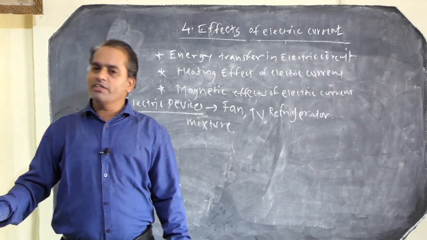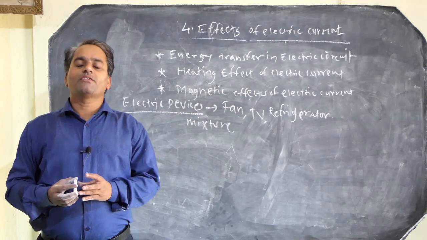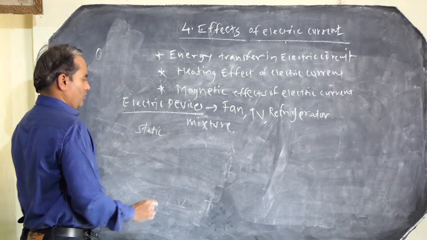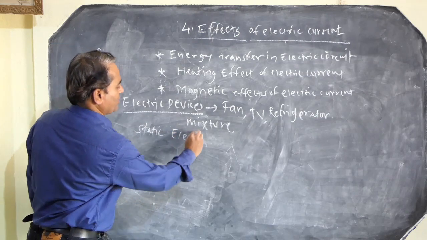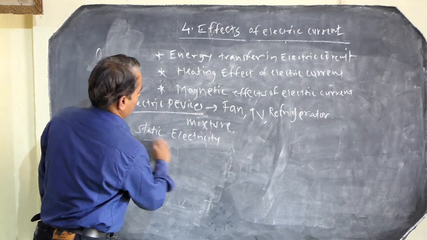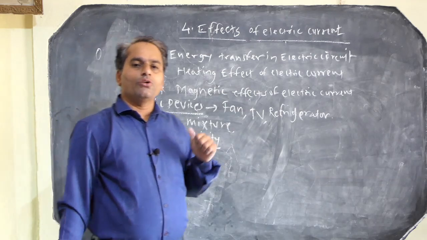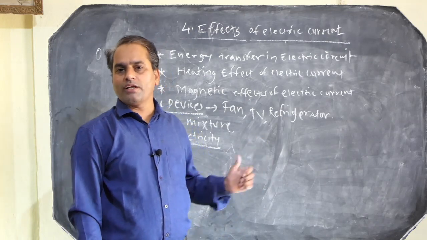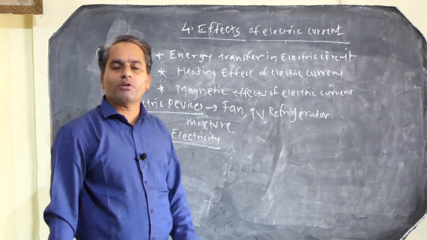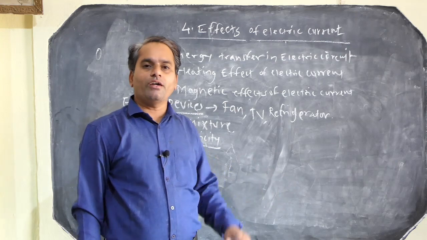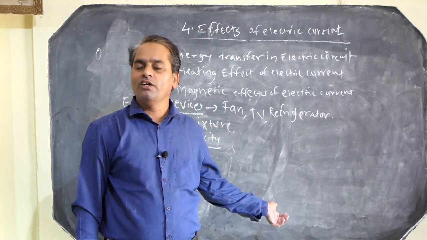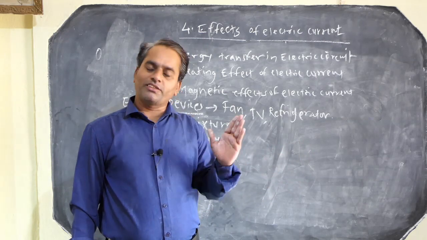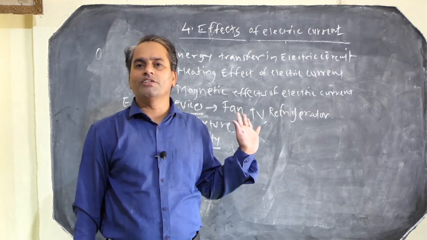Now we have studied the various properties of static electricity. What is meant by static electricity? Electricity which is present temporarily in that electrical device is called static electricity. After some time passes, this property vanishes.